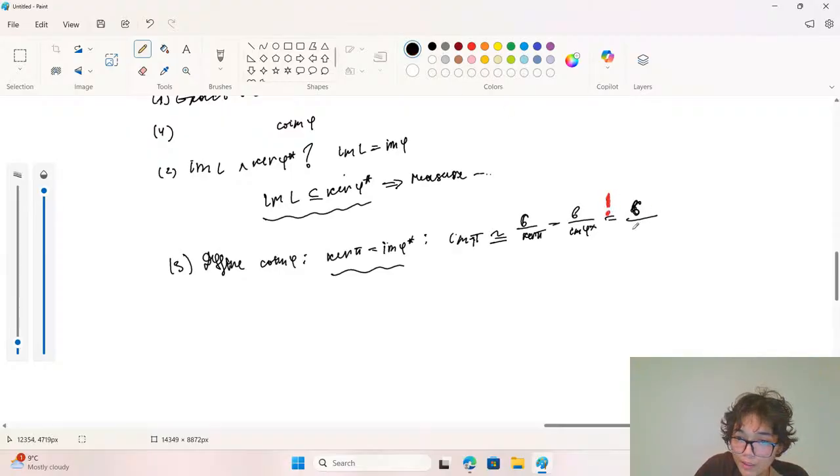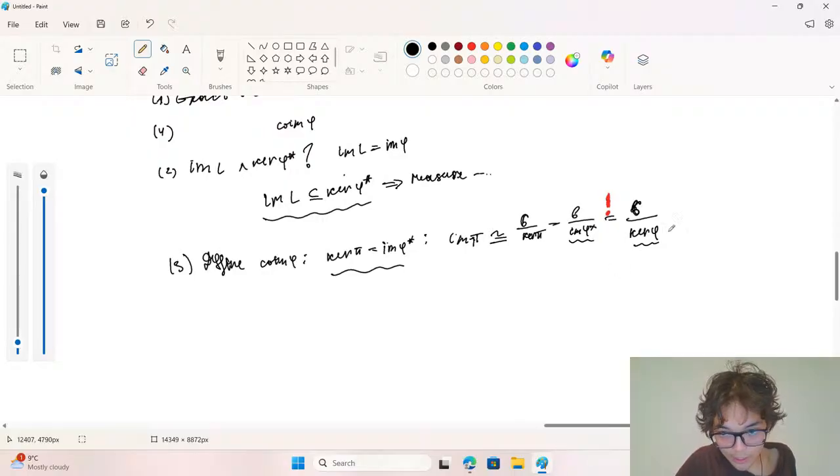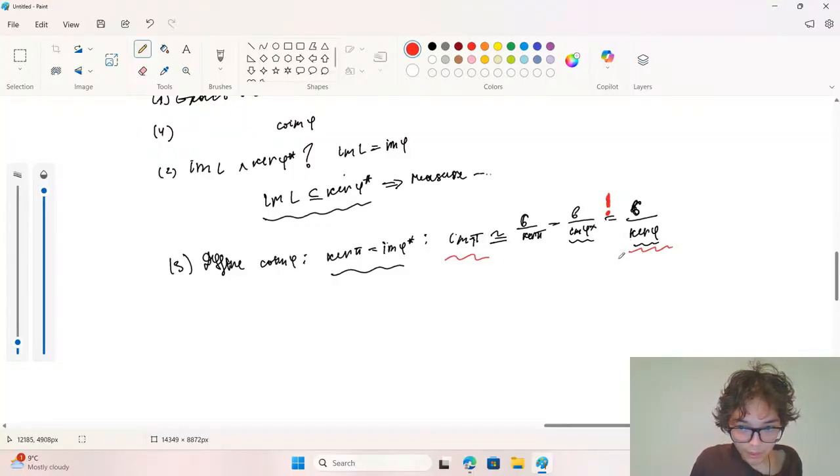G factorized by the kernel of phi, because I assume that the image and kernel are the same. Image of dual action is the same as kernel of action. The image of coaction is the same as kernel of action, but it is very slippery here. So let's be cautious. I will explain why it might not hold.